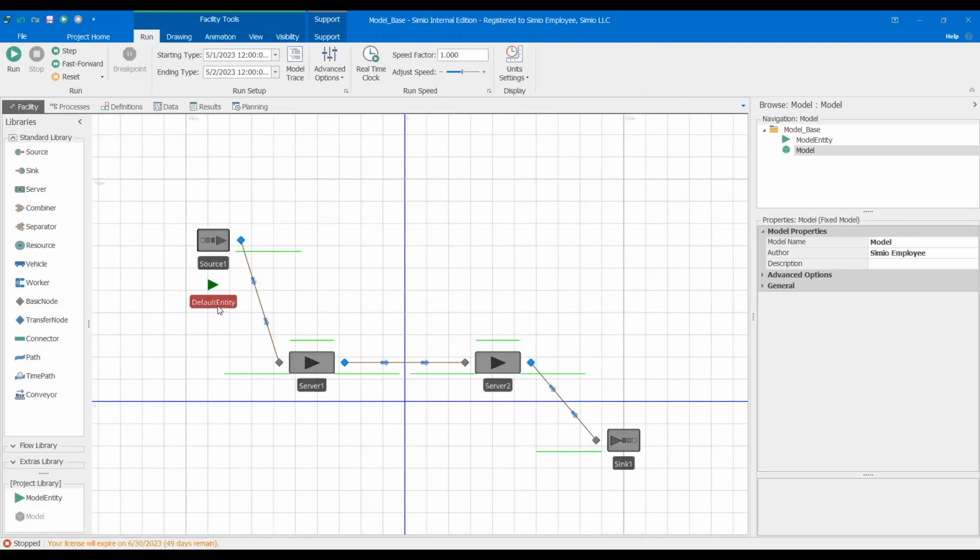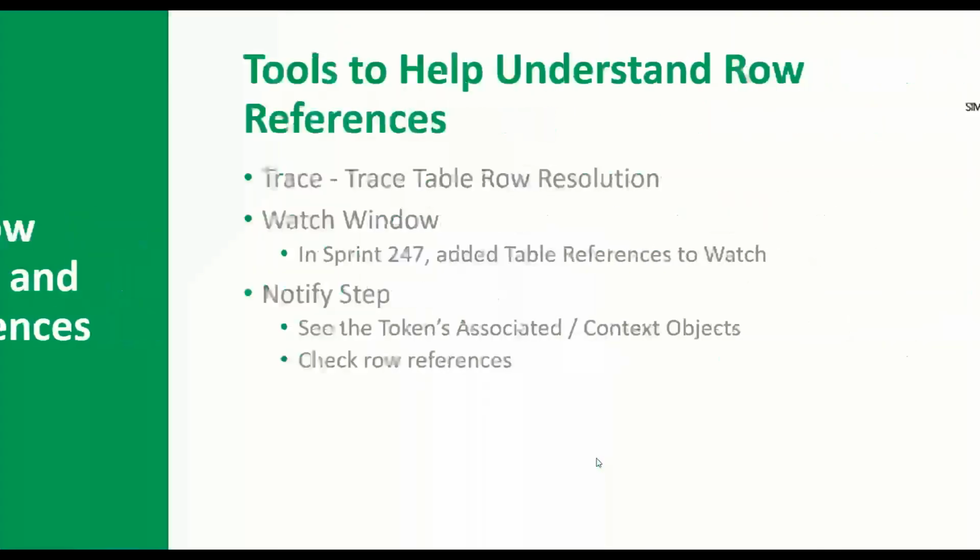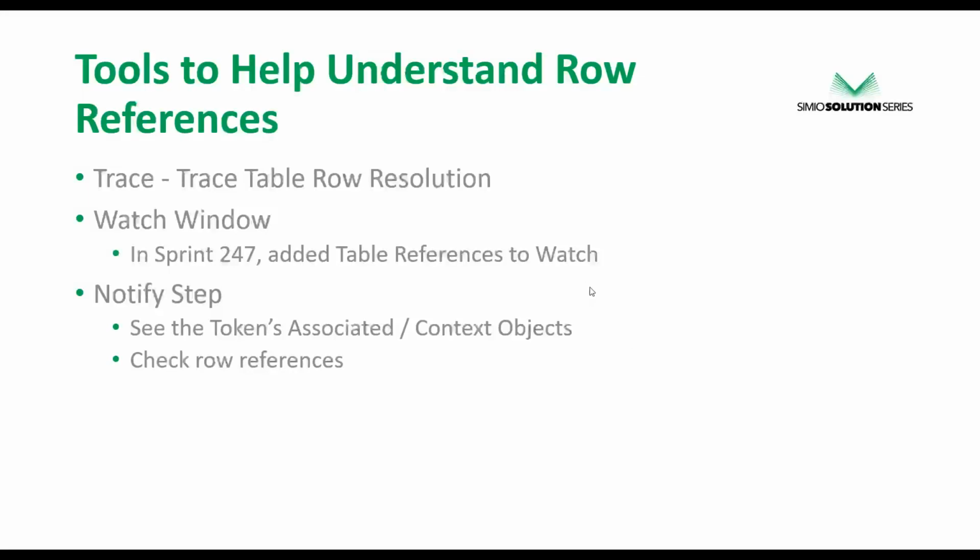Well, we're going to jump back to my PowerPoint for a second and talk about some of the tools that you can use to help understand row references. A couple helpful tools, and depending on the circumstance, you might check out different tools, but one of them is trace.